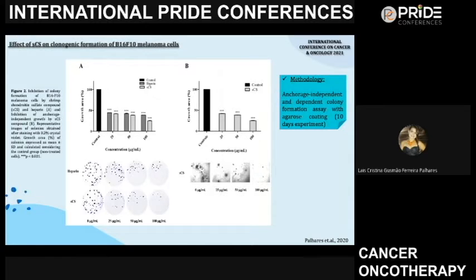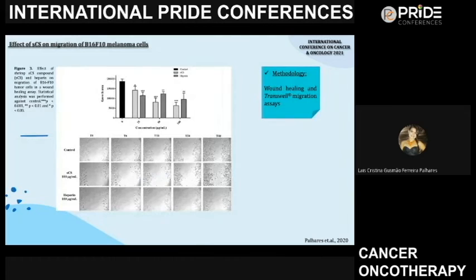That just made us more curious, and then we decided to also perform an invasion and migration assay, trying to understand which mechanism might be behind the anti-tumor effect here, and how.